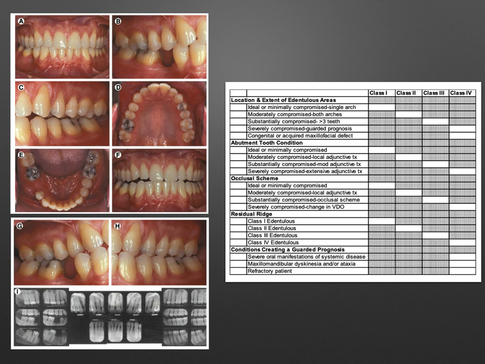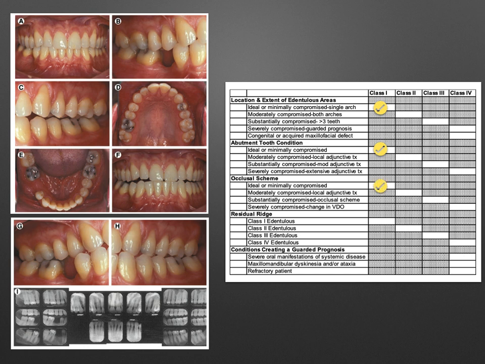So we can say that's a class 1 because it's limited to a single arch, and the missing teeth number fewer than two to four. So that's class 1. How about the abutment tooth? The X-ray shows that everything looks okay. There's no additional caries. Intraorally it also doesn't show any caries. So we can say there's no further treatment needed. That's why we still say class 1.